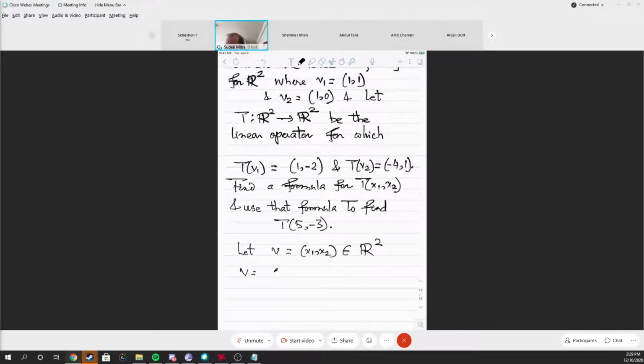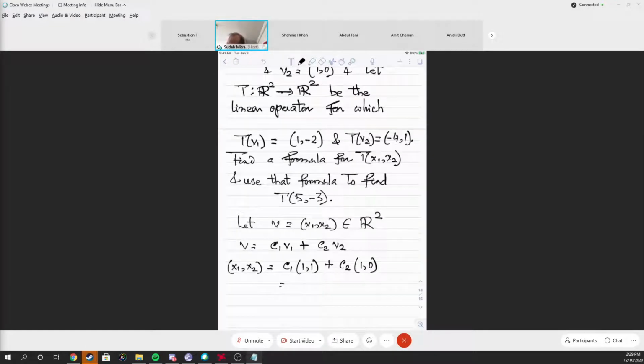So V is C1 V1 plus C2 V2. So x1, x2 is C1 times V1, which is 1, 1, plus C2 times V2, which is 1, 0.